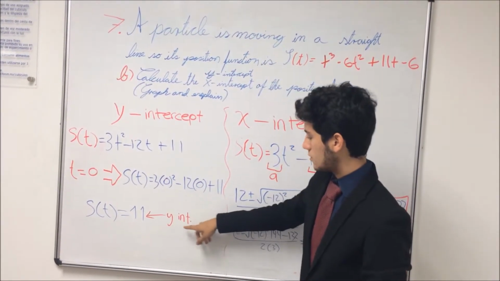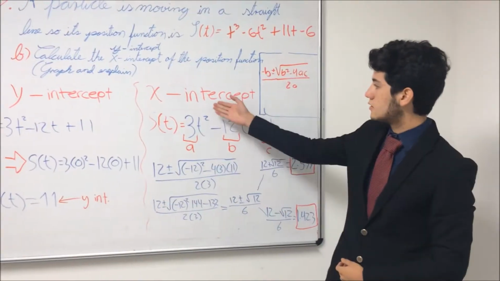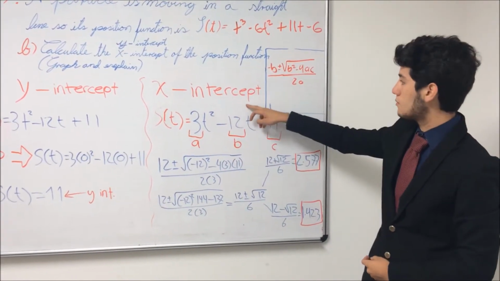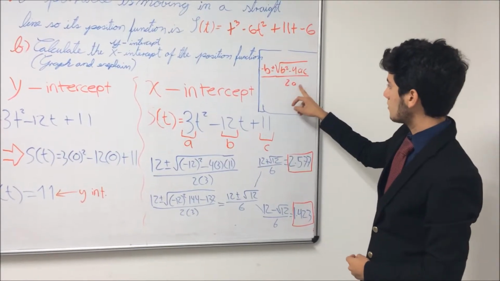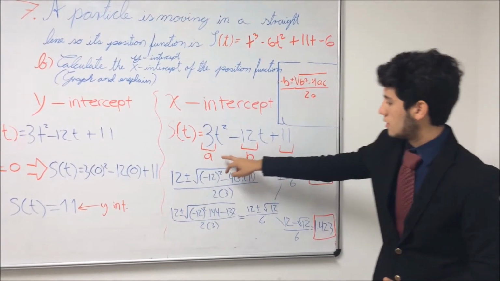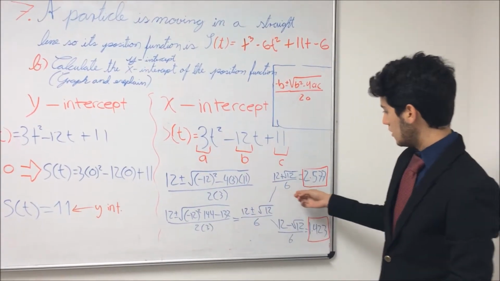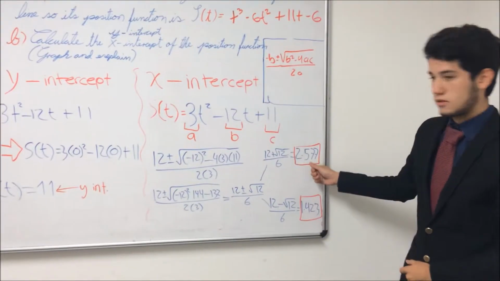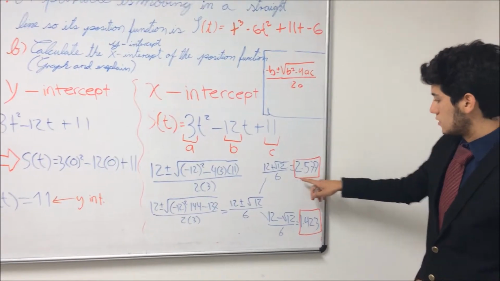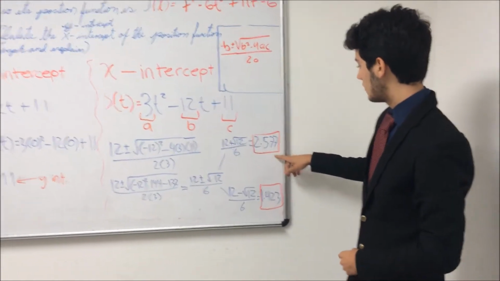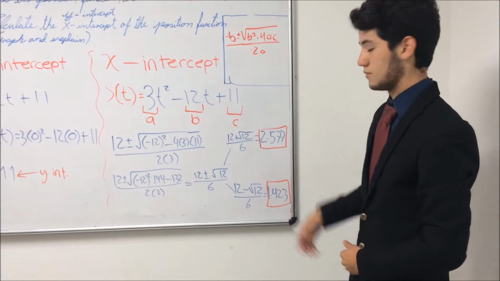For the y-intercept, it's going to be 11. To get the x-intercept with the same derivative, we have to use the general formula. So we have to substitute the values here with these numbers here. So when you resolve the general formula, these are going to be the x-intercepts, which are 2.57 and 1.42.